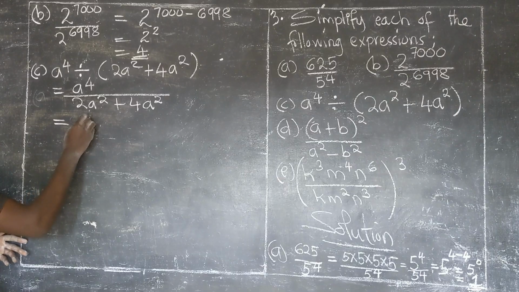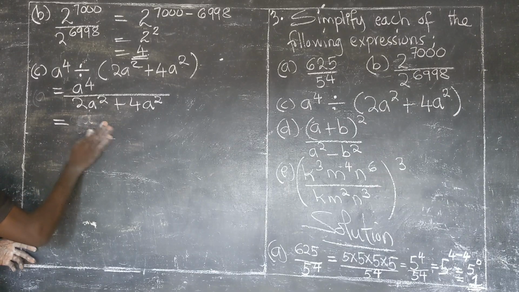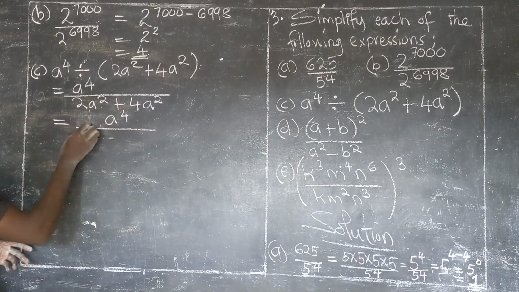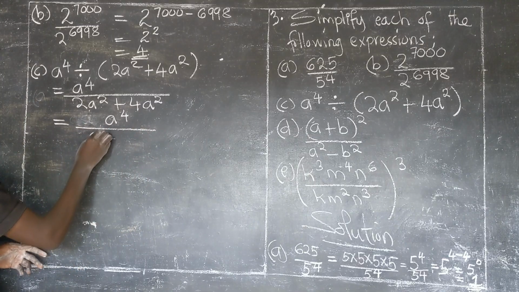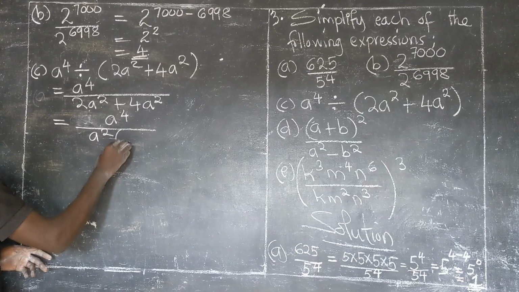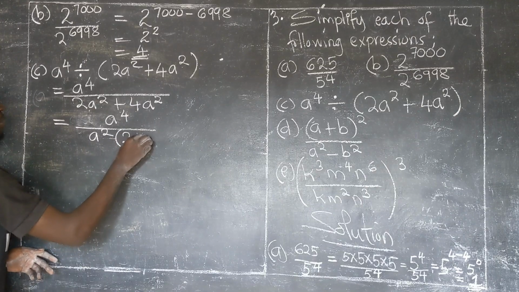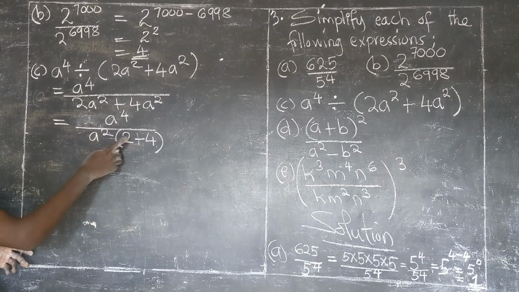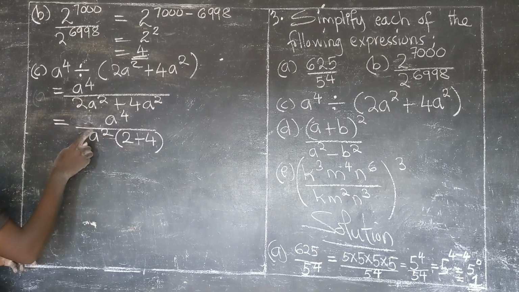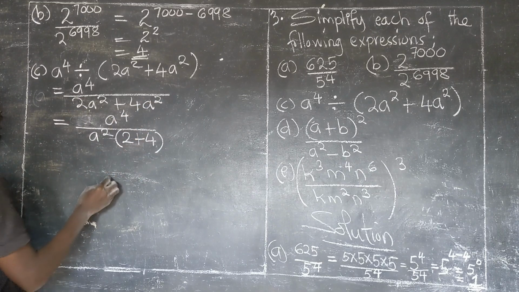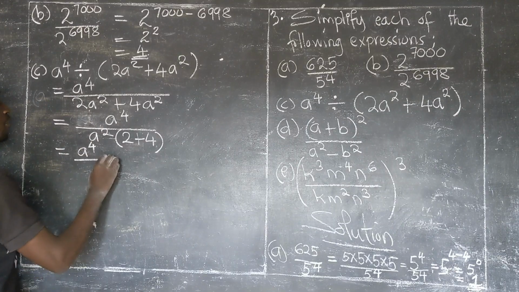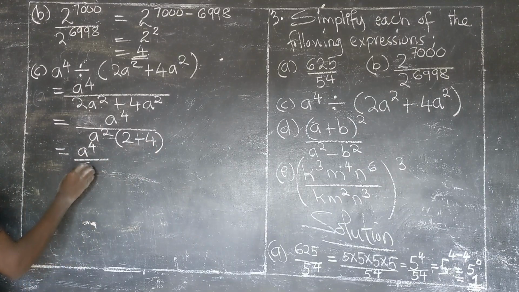We have a raised to 4 divided by a squared times 2 plus 4, since 2a squared divided by a squared gives 2 and 4a squared divided by a squared gives 4. Now we have a raised to 4 divided by 6 times a squared.